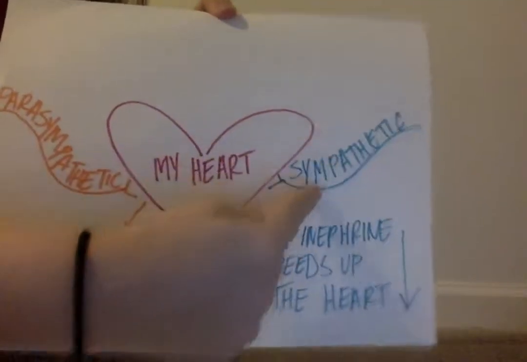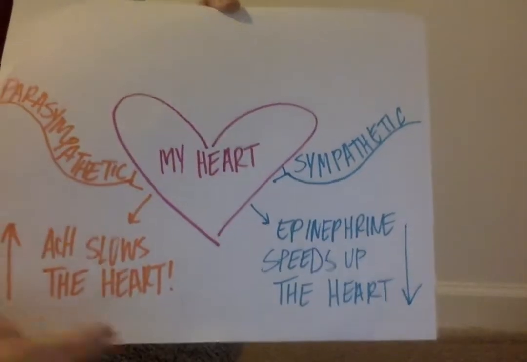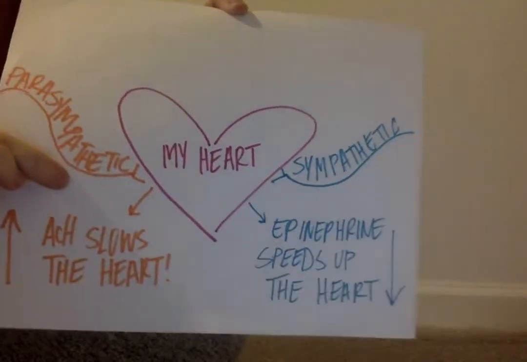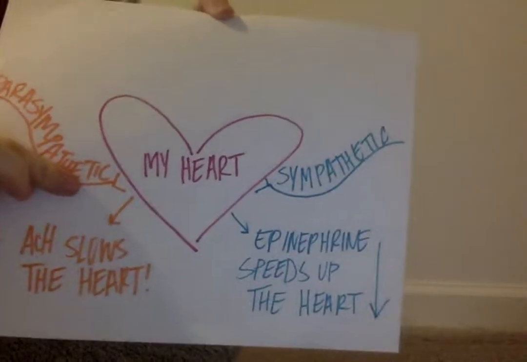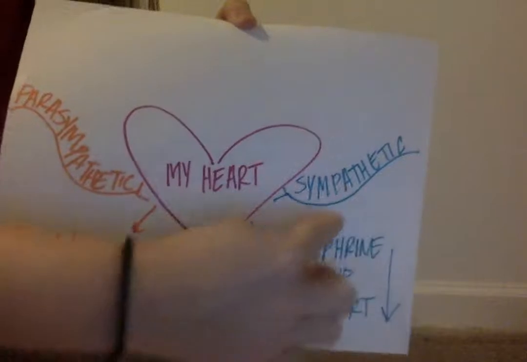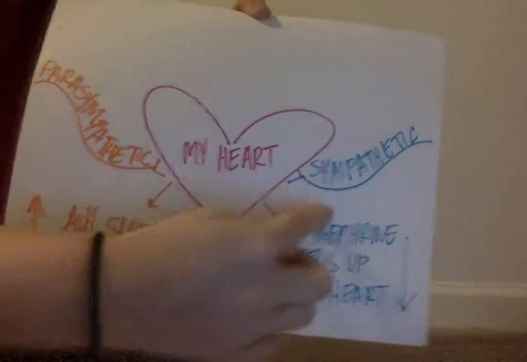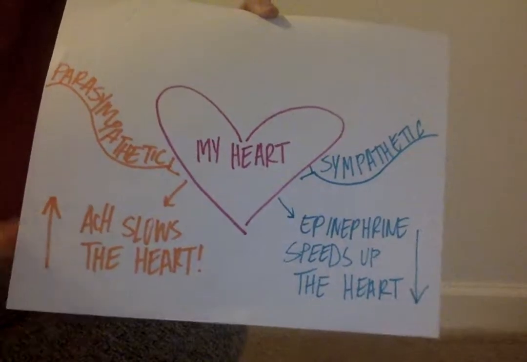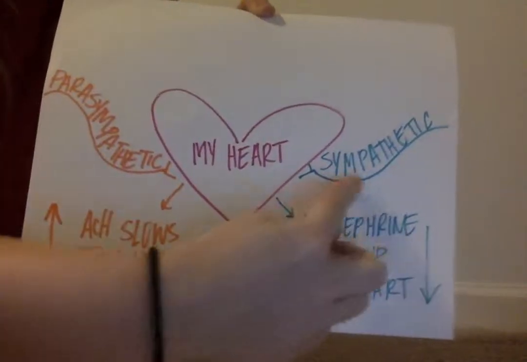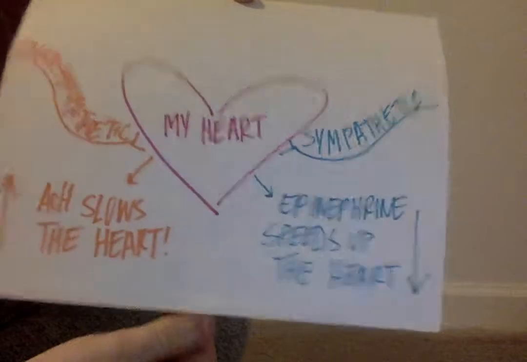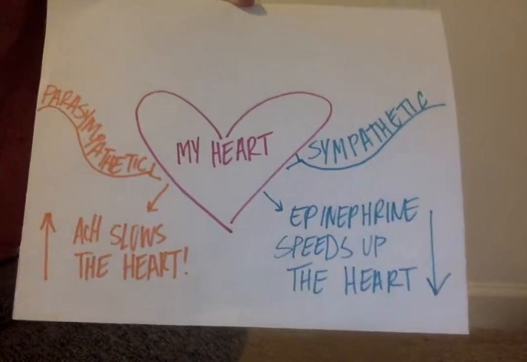This is my sympathetic innervation to the heart. So acetylcholine is my parasympathetic neurotransmitter here, and epinephrine or norepinephrine is my adrenergic neurotransmitter. When epinephrine is activated on the heart, it's going to cause my heart to speed up and beat faster.